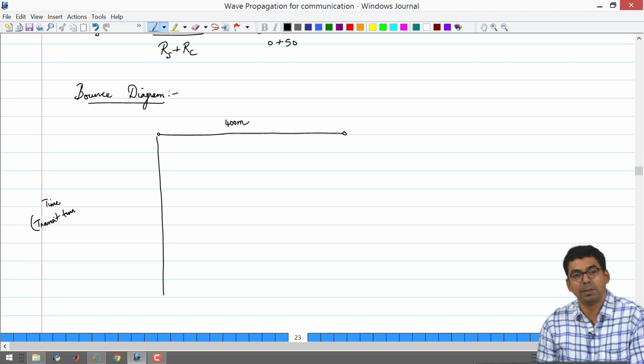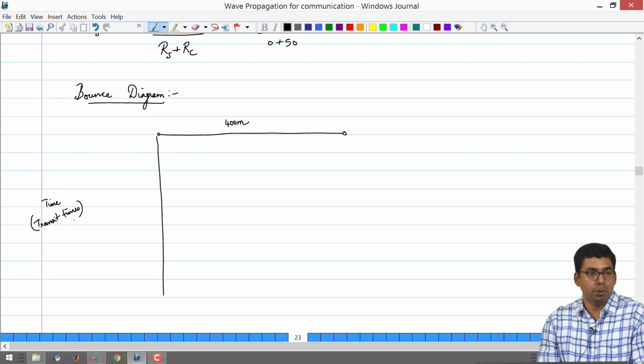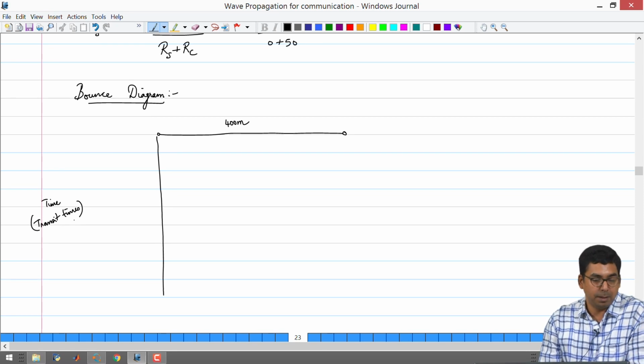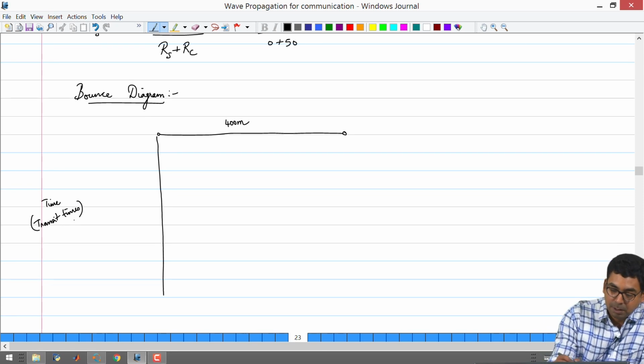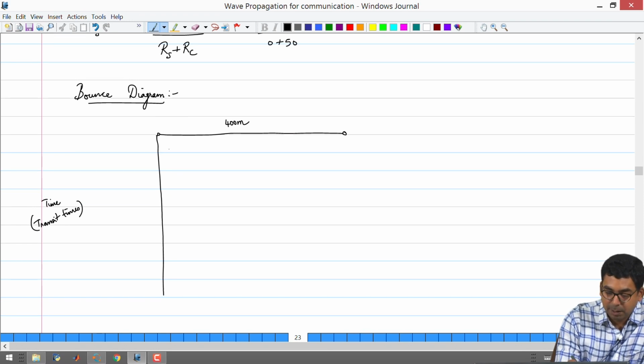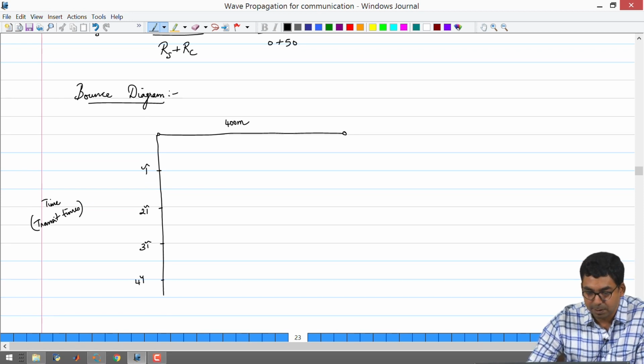So, instead of seconds, you will have 1 transit time, 2 transit time, 3 transit time, etc. The way it is constructed is, first you will have a transit time, marked as tau, 2 tau, 3 tau, 4 tau. Let us do it for 6 transit times.